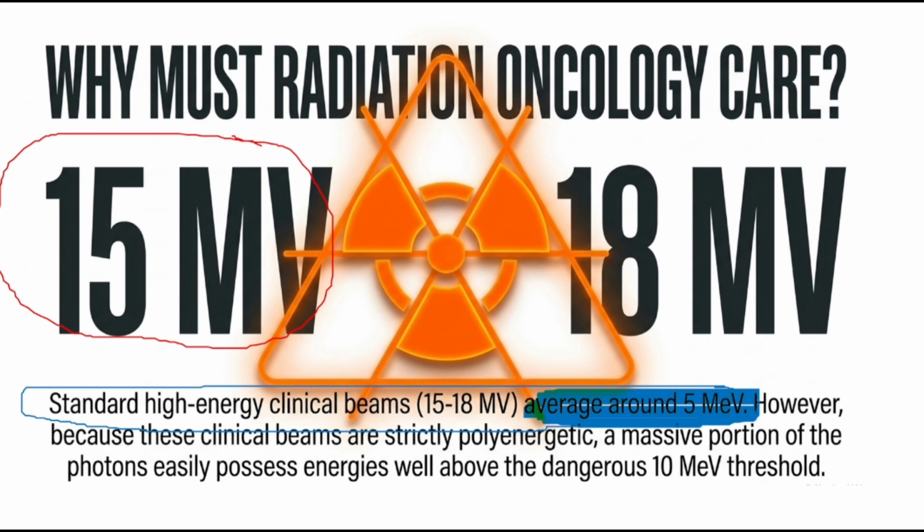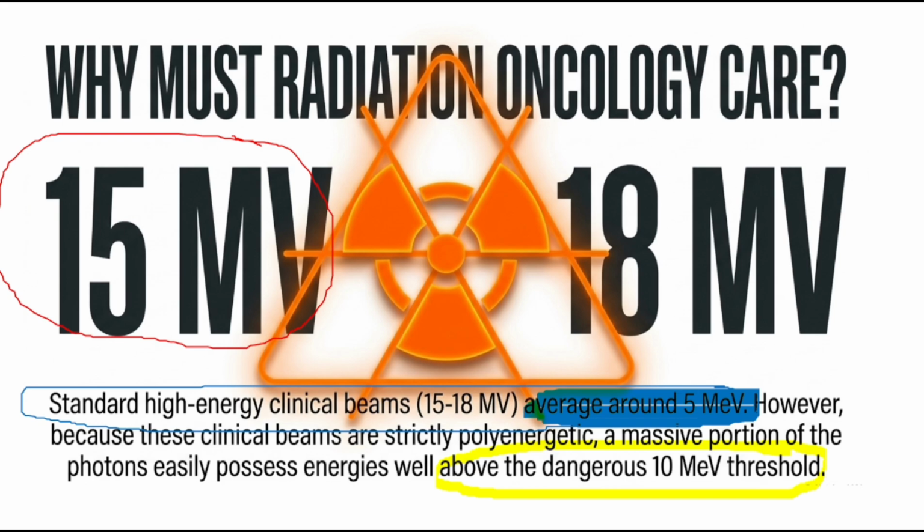Even though the average is only 5 MeV, the beam still contains a significant number of high energy photons that reach up to 15 MeV. These specific high energy photons easily cross the 7 to 10 MeV threshold needed to trigger photodisintegration, which is exactly why neutron contamination still occurs.